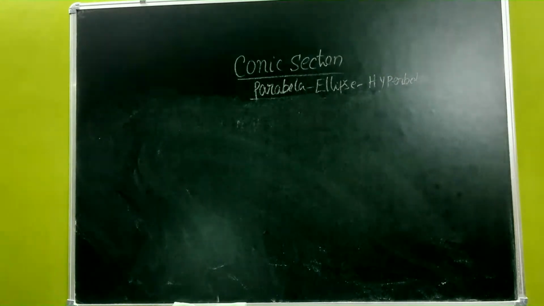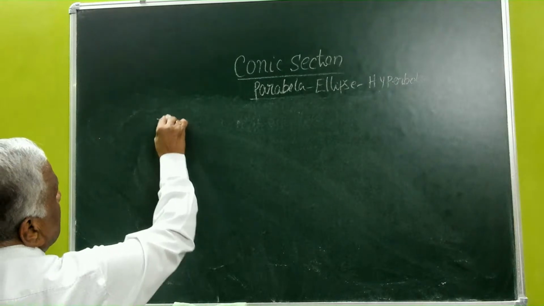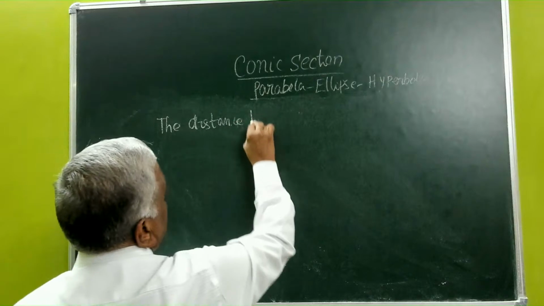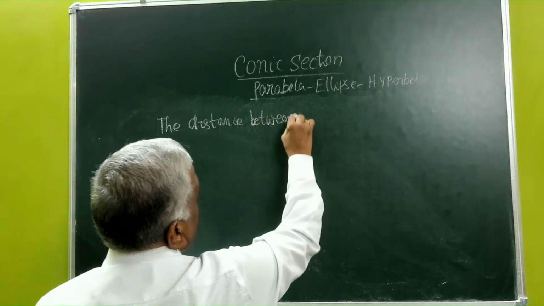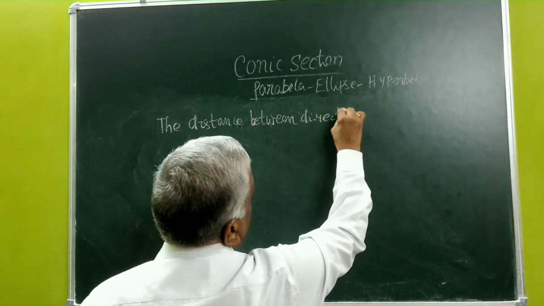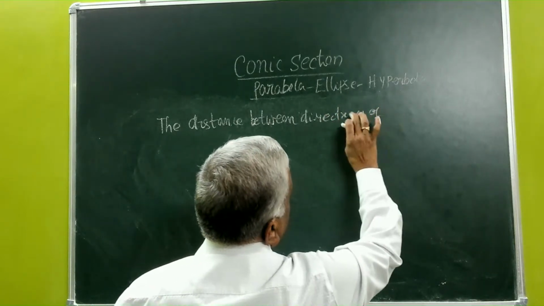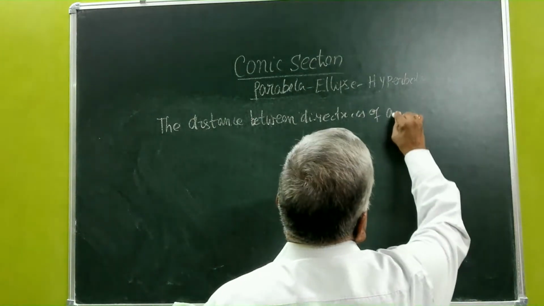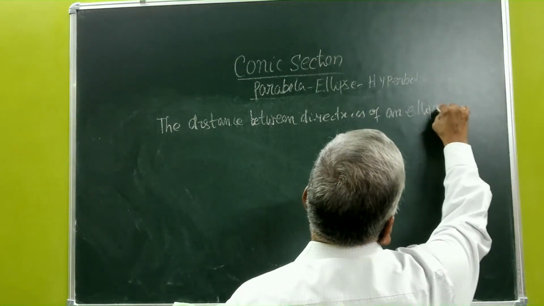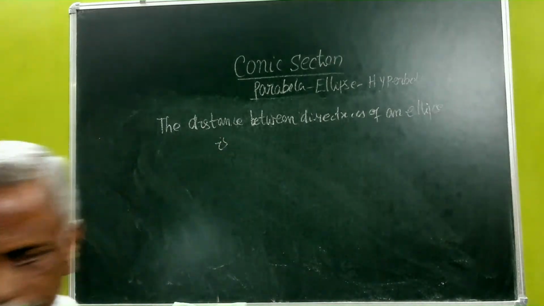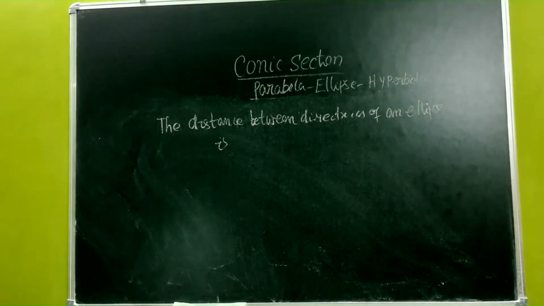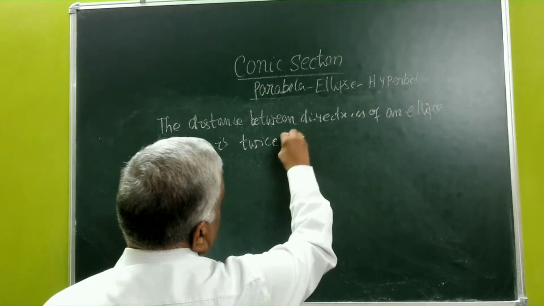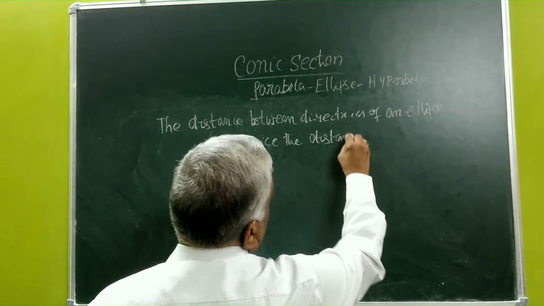The distance between directrices of an ellipse is twice the distance between foci.